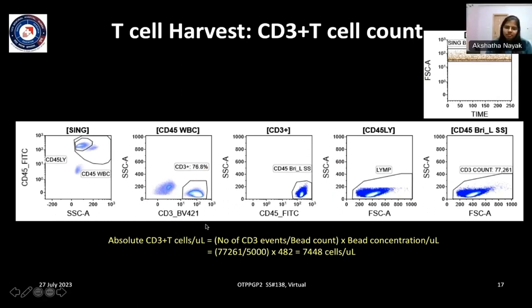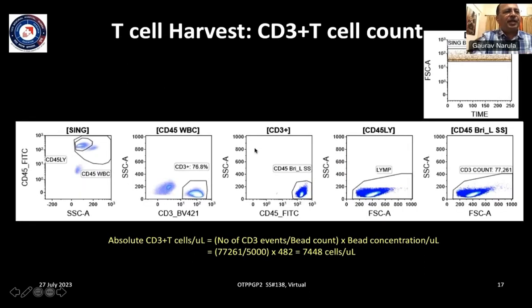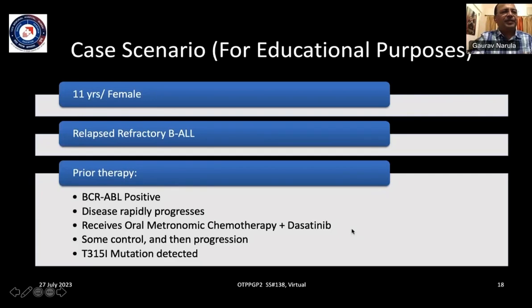And this is the harvest, which gives us, we started with 710 cells per microliter in the patient, and post collection in the harvest, we have a concentration of 7,000, so nearly 10-fold expansion in the collection. So that gives us sufficient cells. Now we can proceed with the patient, where our patient is.